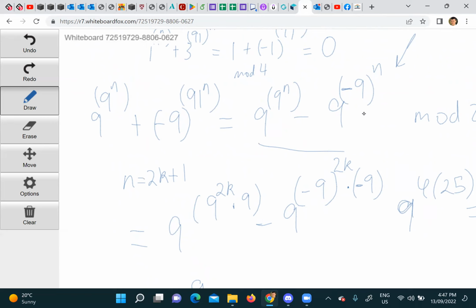And because you have two positive numbers that end in 1, the resulting sum will always end in 2, which means it can never be divisible by 100. Which two positive numbers are they? These two, the two mods. They both end in 1.